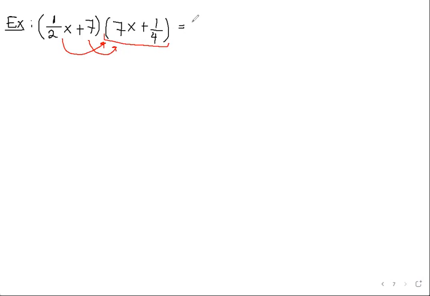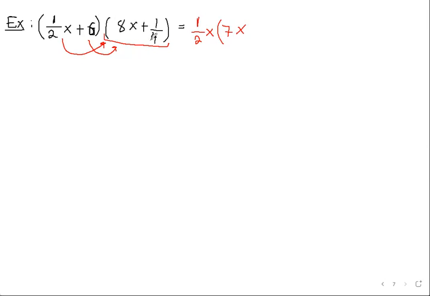Okay, let's do this fast. So 1 over 2x times 7x. Now I'm going to change it from 7x to make it 8x, and here instead of 7 I'm using simple numbers, for example, 6.